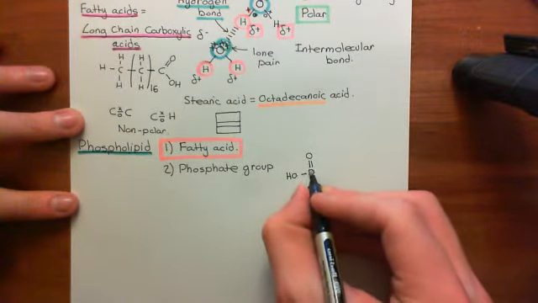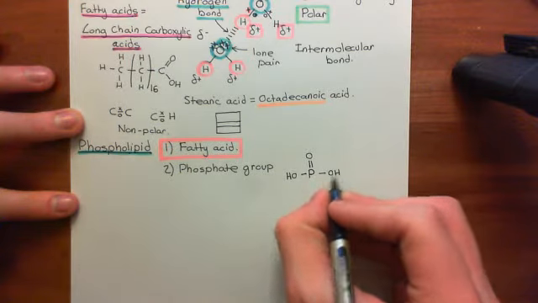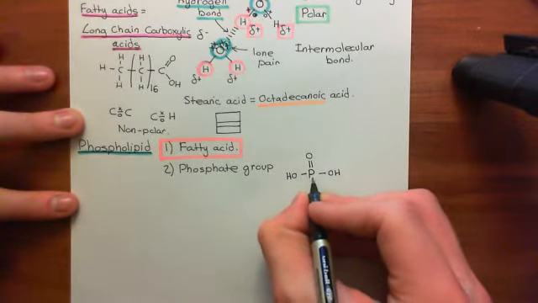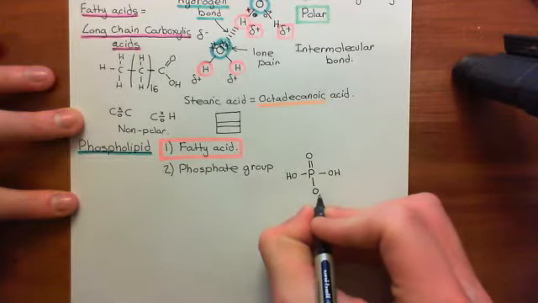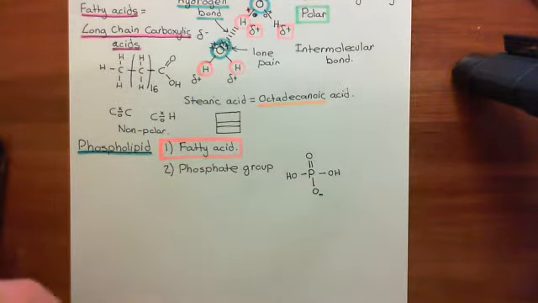So it consists of a phosphorus atom double bound to an oxygen atom, with two alcohol groups coming off either side of the phosphorus atom, and then a single bond off the phosphorus atom to an oxygen atom, which has acquired an electron via ionic means and therefore has a negative charge.